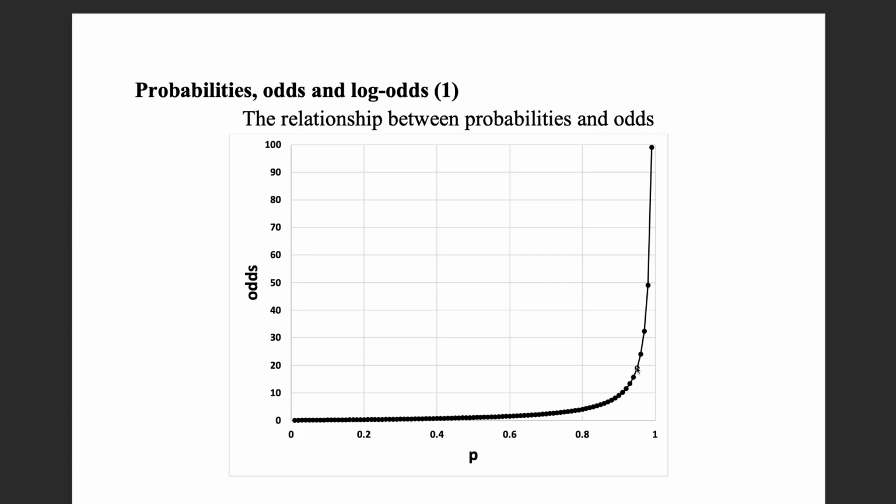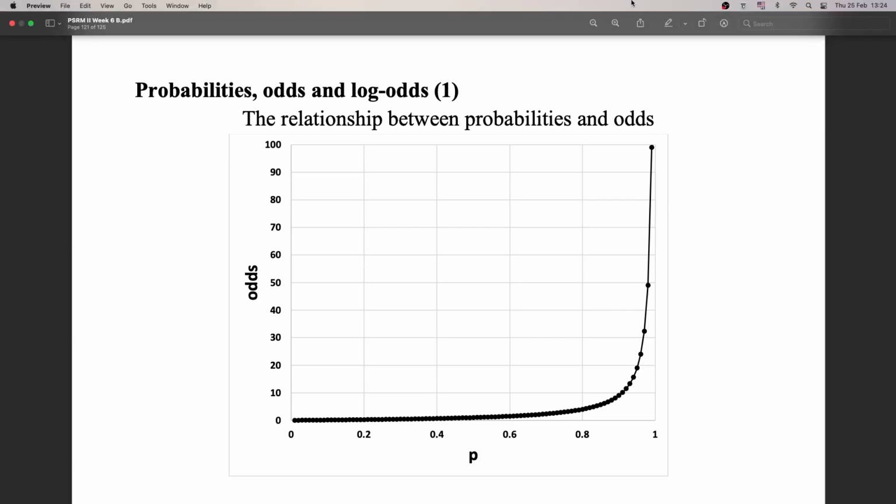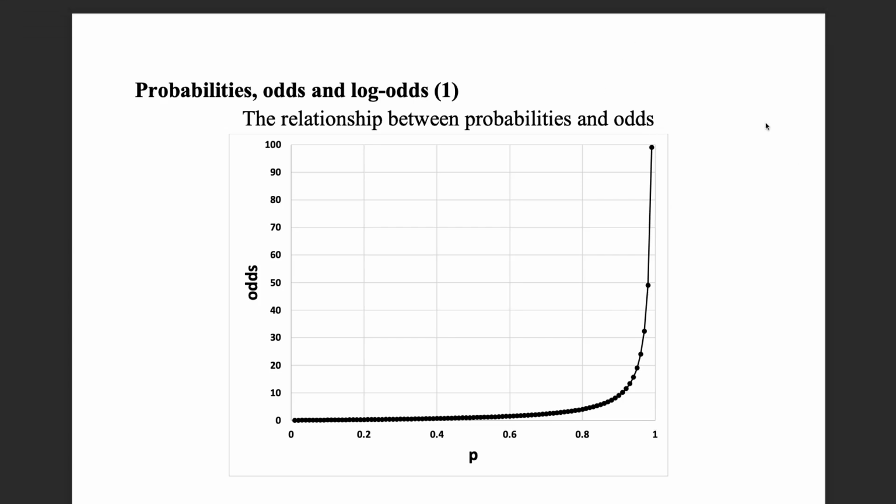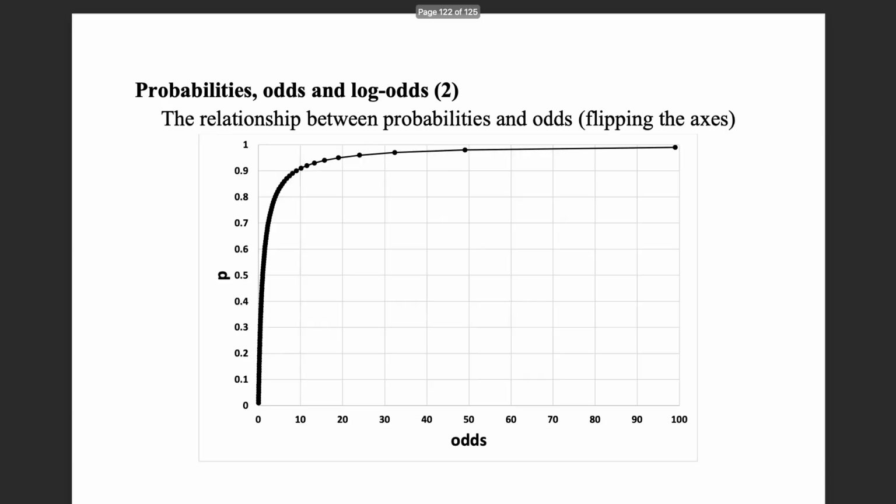But the further you increase the probability, the more your odds go towards infinity. The closer I move my probability value to 1, the steeper and steeper this line gets, up until basically we go towards infinity. So this is good to know: as probability increases, odds increase slowly at first and then increasingly fast. The higher your probability is, the relatively higher your odds are going to be.